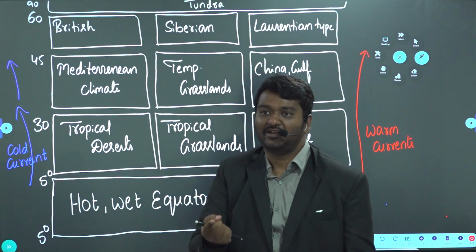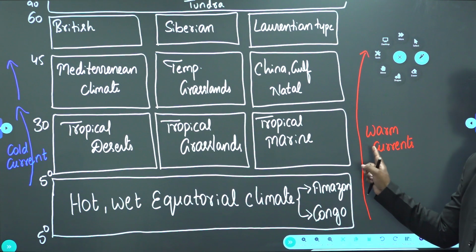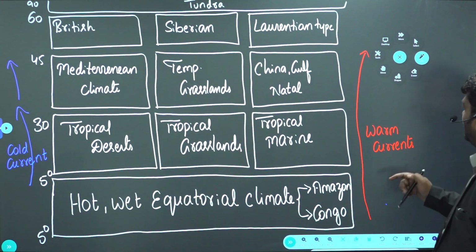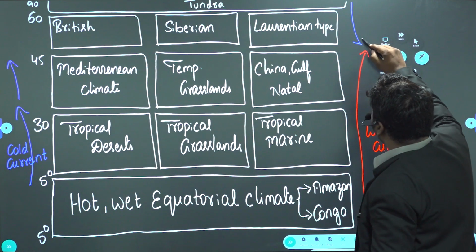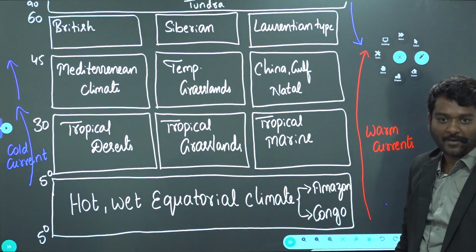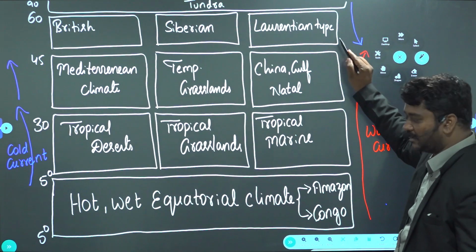Where will you have cyclones? Eastern side, marine climate, you will have cyclones. And guys, if you see Oyashio, Labrador, they are all present on the eastern side.